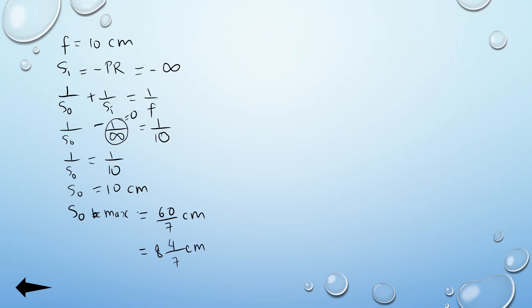This is smaller than 10 centimeter. So the difference in SO equals 10 minus 8 4 over 7 centimeter. This is equal to 1 3 over 7 centimeter, or 10 over 7 centimeter.